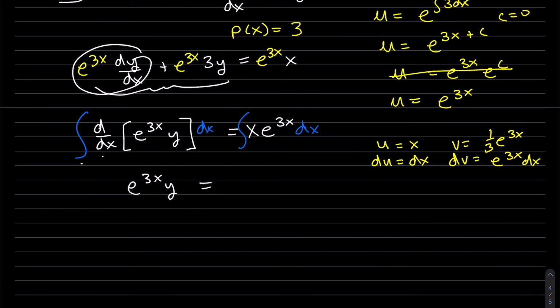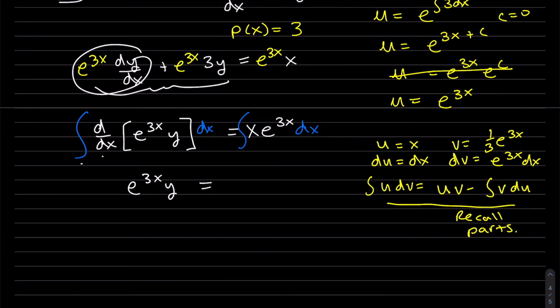And remember the formula? It is integral of u dv equals uv minus integral of v du. So this is just in case you forgot. Integration by parts.